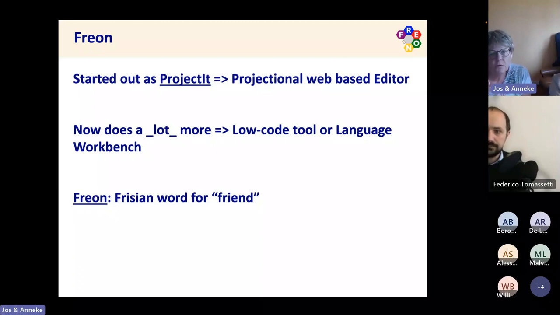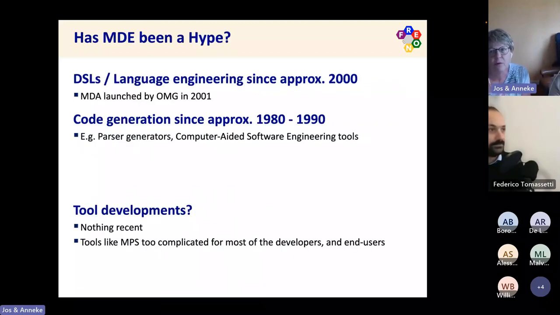We could call it a low-code tool, and in this audience, we can call it a language workbench because all of you understand what that is. The name is derived from the Frisian word for friend, and actually I want to show you why we've chosen that name. But first we need to go back to MDA itself.